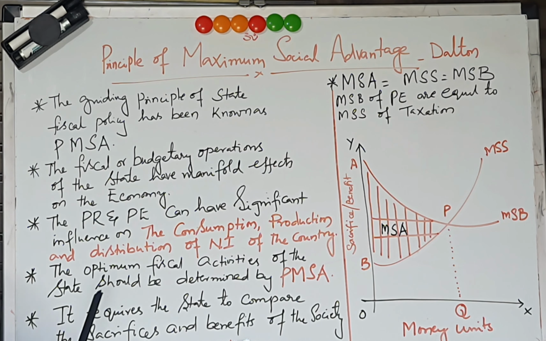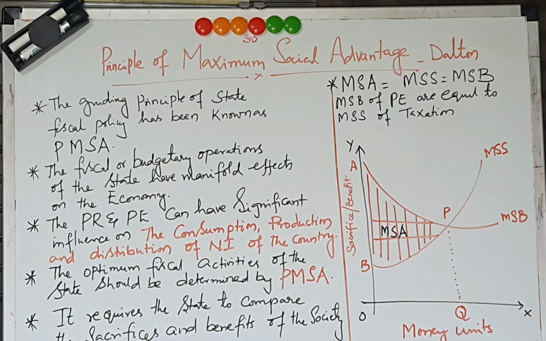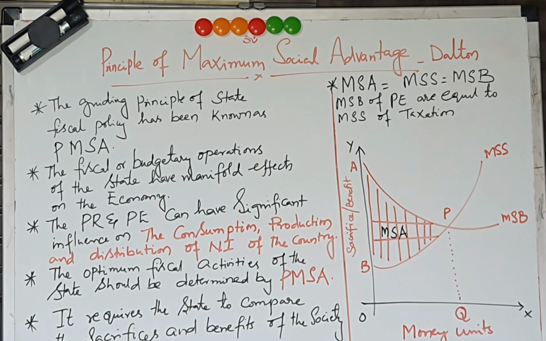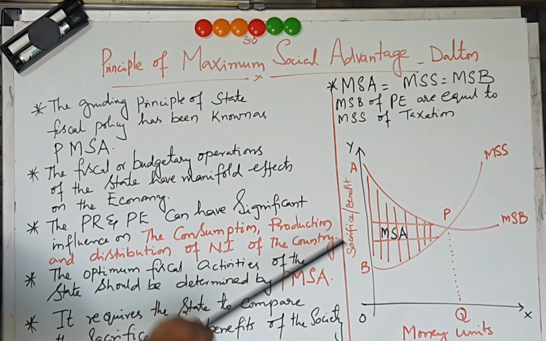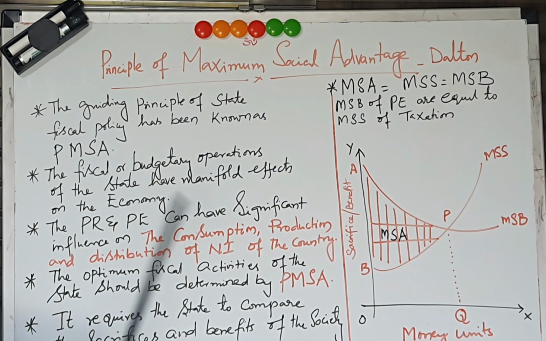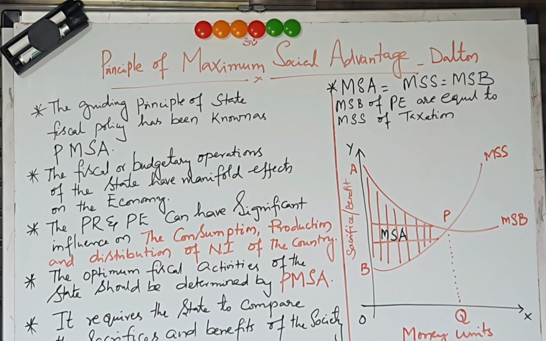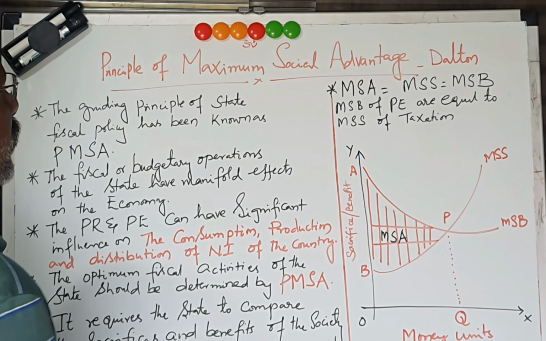It requires the state to compare the sacrifices made by the taxpayers and the benefits received from the government schemes, where a certain set of people are getting some benefits from the public expenditure. So the sacrifices and benefits of the society in its financial operations can be guided by this principle of maximum social advantage.